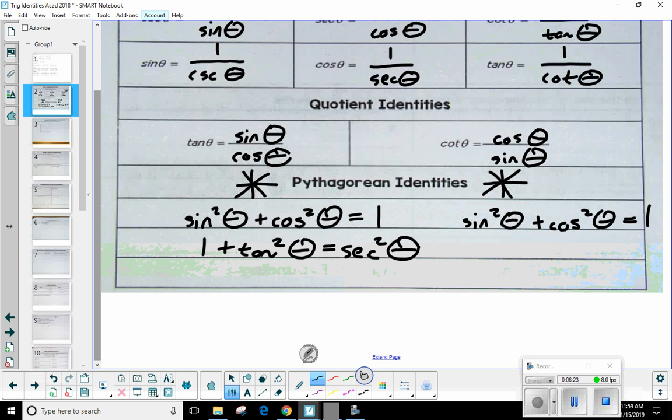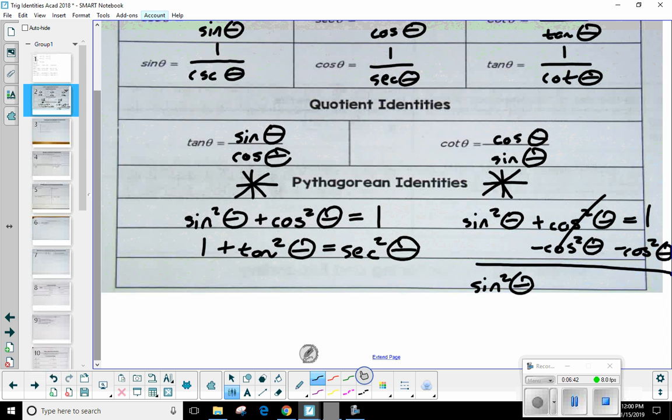So I want to get rid of cosine squared. Just like any other equation, how would I do that? Just subtract it, because it's positive here. So minus cosine squared of theta on both sides. Those cancel because they're opposites. So I can see that sine squared of theta is equal to 1 minus cosine squared of theta.